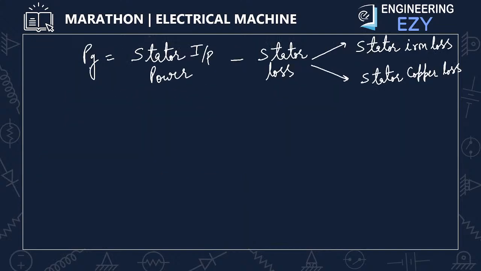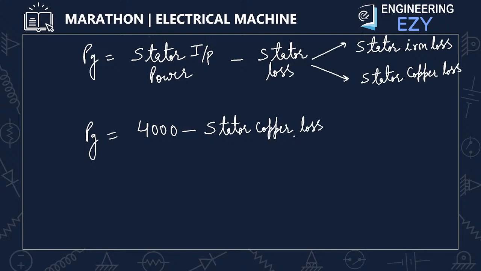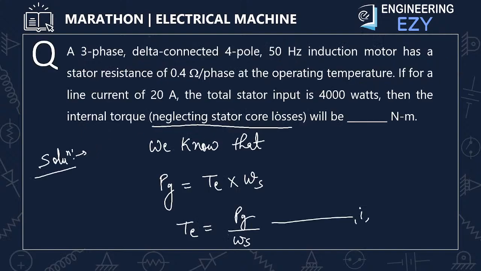So what is the PG? PG is equal to the stator input power, which is 4000 minus the stator copper loss. So it is delta connected.